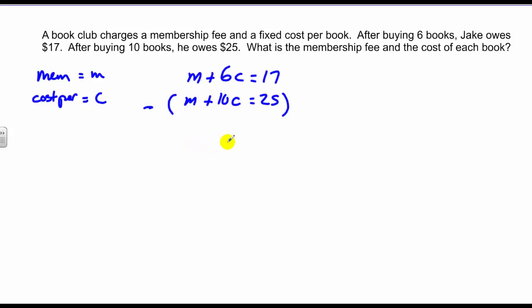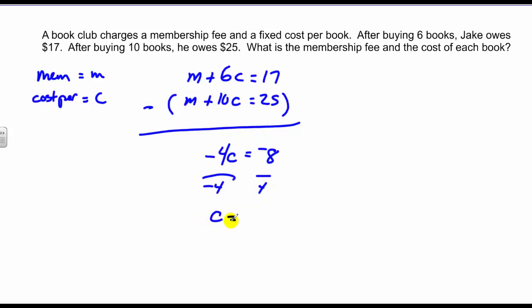So M minus M is 0. 6 minus 10 is negative 4. And 17 minus 25 is negative 8. Divide by negative 4. And I get the cost per book is $2.